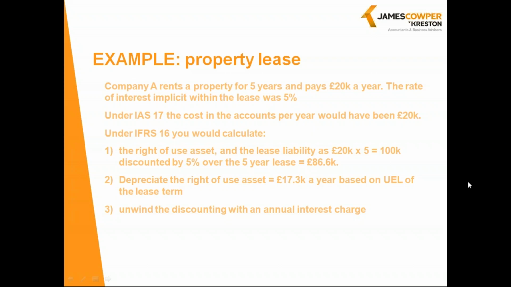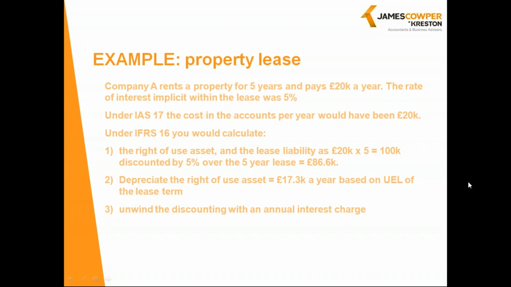So the initial liability will be 86, and the difference between the two is effectively the interest over the years. We're going to depreciate the right of use asset. At the start, the fixed asset and the liability are both 86,000, and then the liability will uplift to 100 as the interest kicks in over the 5 years.